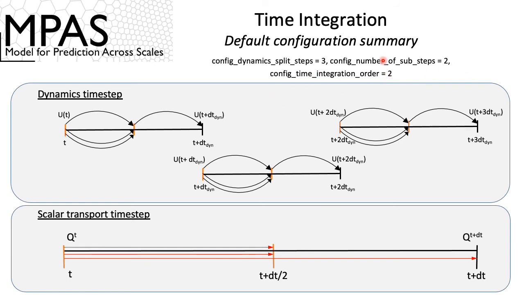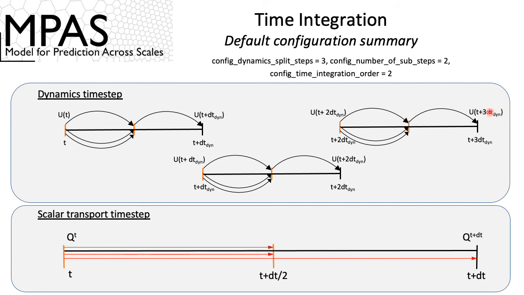And what happens in this default configuration is that there are 3 sets of Runge-Kutta time steps to integrate forward the dry dynamics for each scalar transport step. And within those 3, there are acoustic steps. There's the first part of the Runge-Kutta time step, the middle, which again goes to delta T over 2, and then the final step, which takes 2, to integrate each one of these Runge-Kutta time steps for the dry dynamics.